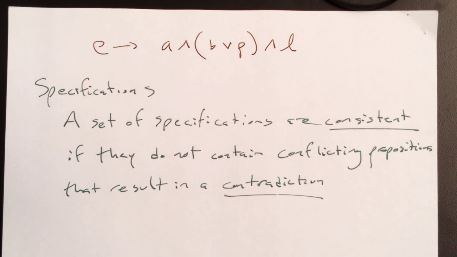So how would I discover whether or not I have a contradiction? I would need a truth table. So my goal is to have a truth table. And in a truth table, the result is a contradiction if it is always false.